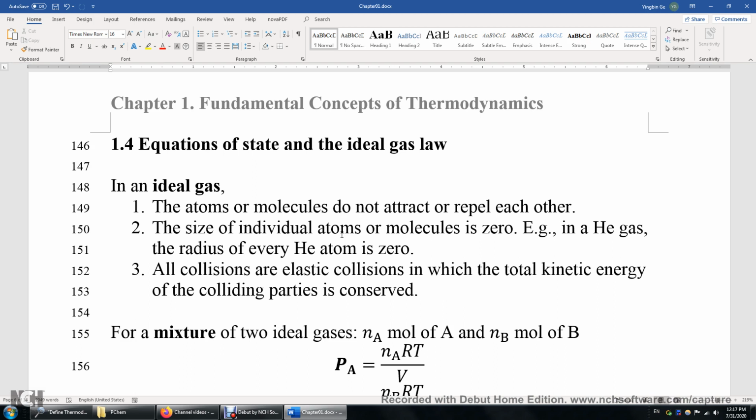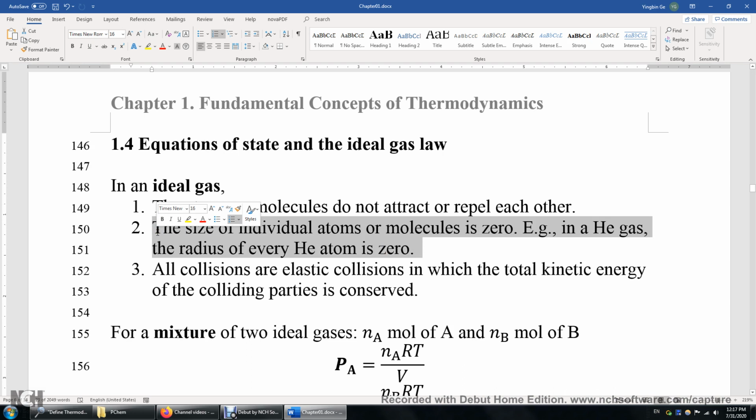However, if the size of the atoms together is much smaller than the volume of the container of the gas, let's say this number 2 is roughly true, approximately true.